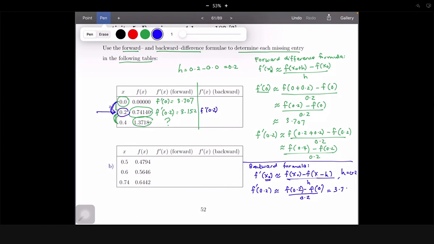So maksudnya the derivative untuk f prime 0.2 ialah approximate 3.707. Sekejap saya double check. Ini f 0.4 tolak f 0.2 bahagi 0.2.